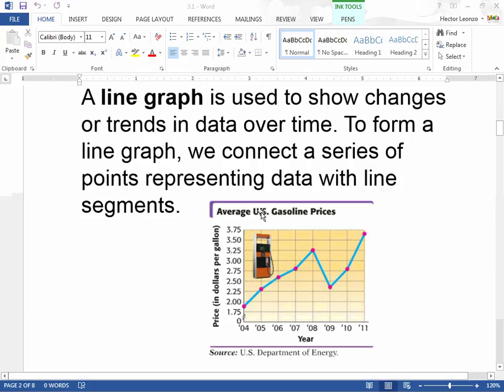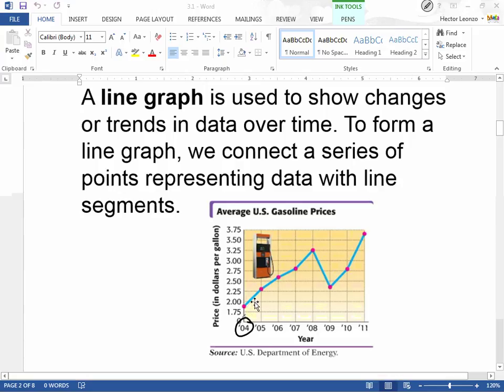So now here it is, the average US gasoline prices. If I want to know how much it was in 2004, which is the first number here, the price was about $1.87, probably $1 and something. I know it's more than 1.75 and it's less than 2.